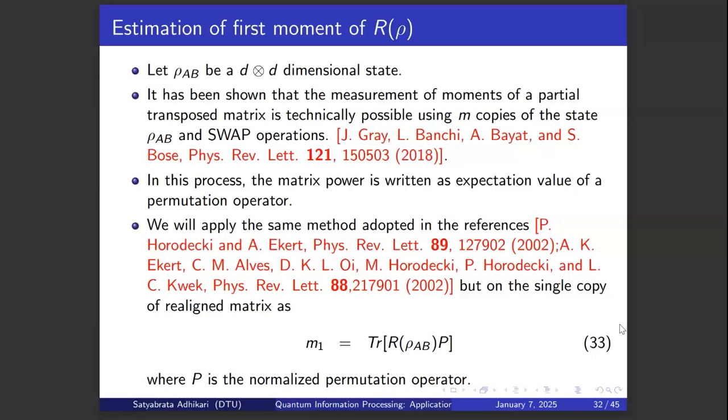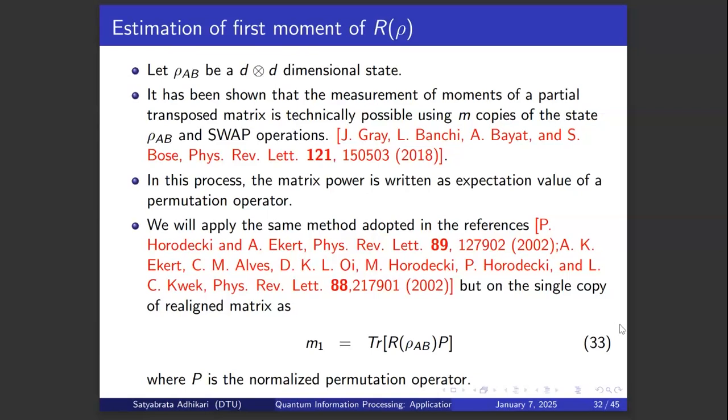Okay, so to do this, let us consider a quantum state rho AB, a d cross d dimensional system, and here we are using the result of 2018. This result was obtained by Gray, Banchi, Bayat, and Bose, and it has been shown that the measurement of moments of a partial transpose matrix is technically possible using m copies of the state rho AB and a swap operation.